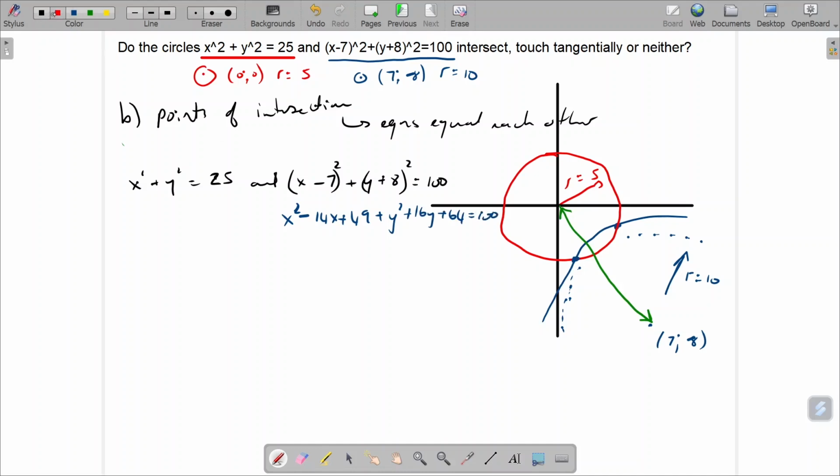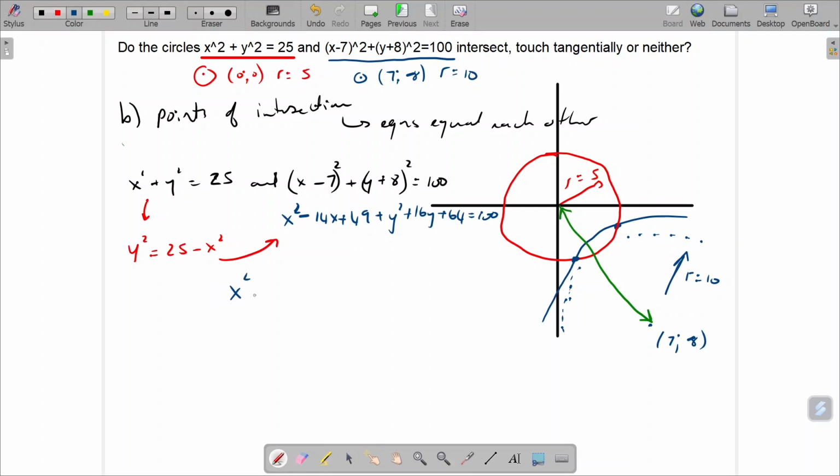And I'm going to take the first equation and rewrite it as y squared equals 25 minus x squared. And when I put this into that equation, please note what happens.